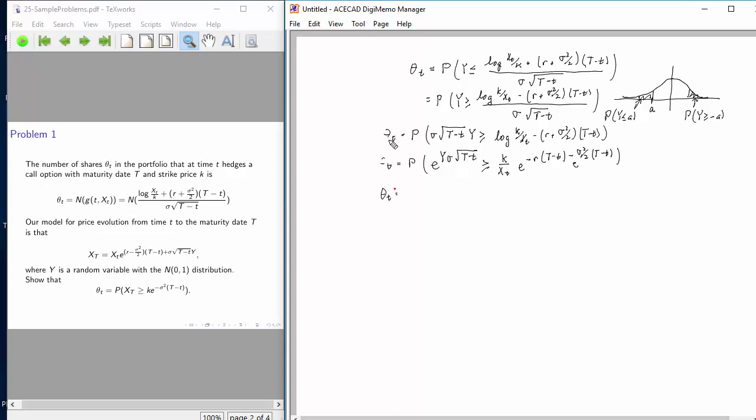Now comes the cute step. I am going to multiply through by x sub t. I'm going to move the factor involving the interest rate over to the left-hand side.